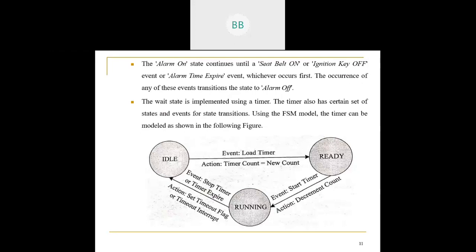From the ready state, the system moves to the running state and remains in this state until the timer expires, that is, the count value reaches 0, or if any interrupt occurs.